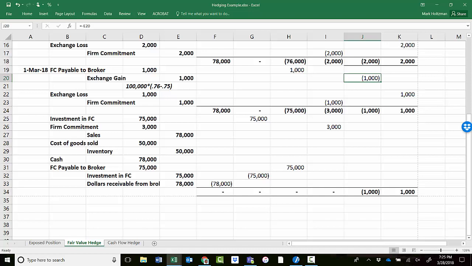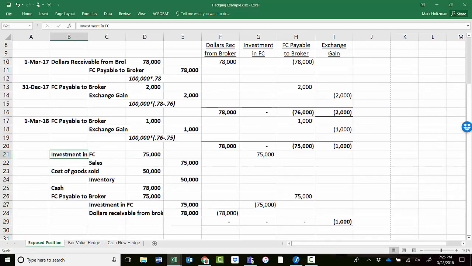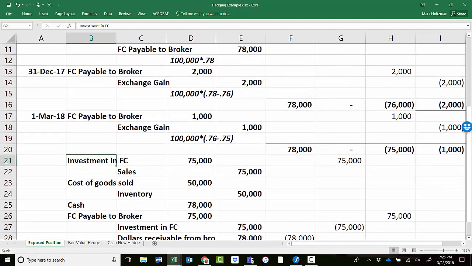I sold the goods for $78,000 US. This is different from what I did with an exposed position. With an exposed position, I was only allowed to record $75,000 in sales, and the change in the currency was booked as the value of the hedge changed. So as that foreign currency payable to broker decreased, I got to record $3,000 in gains.